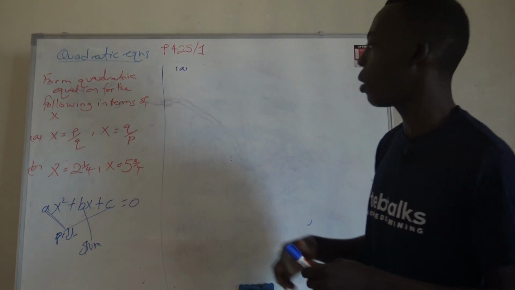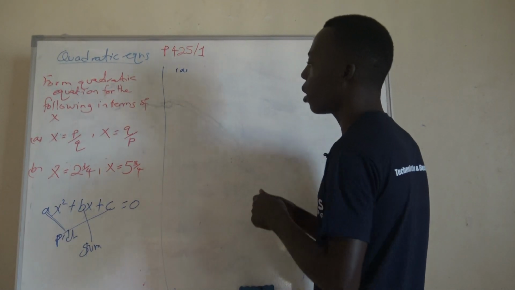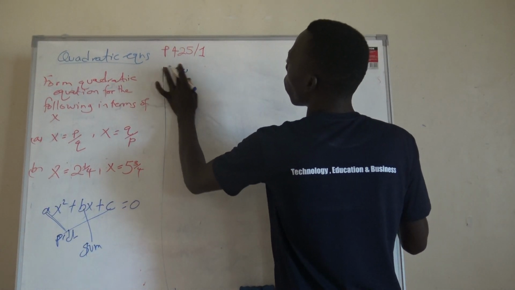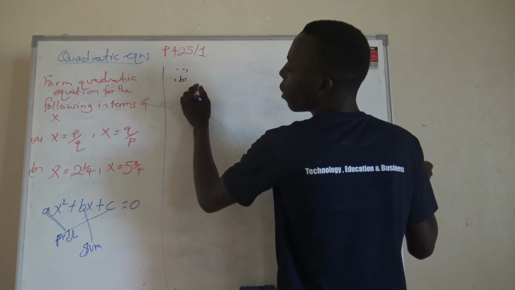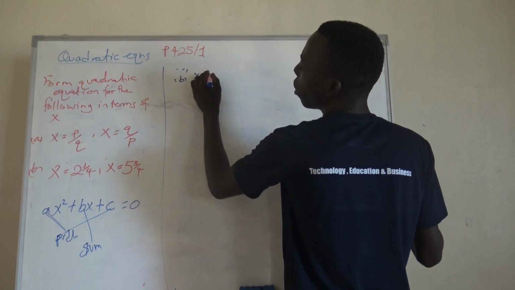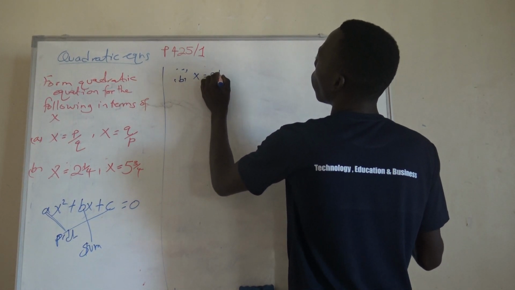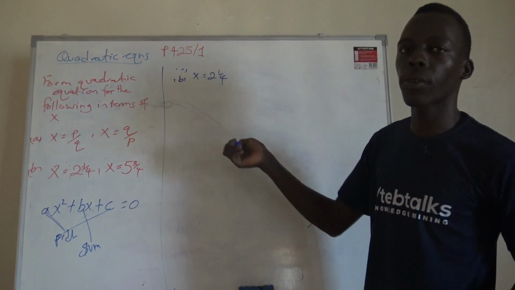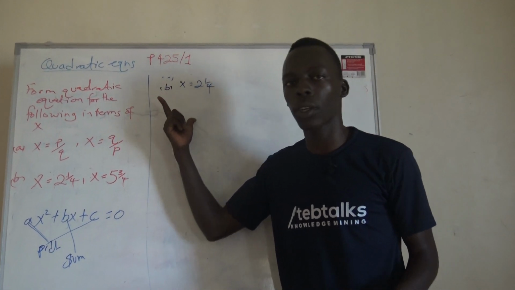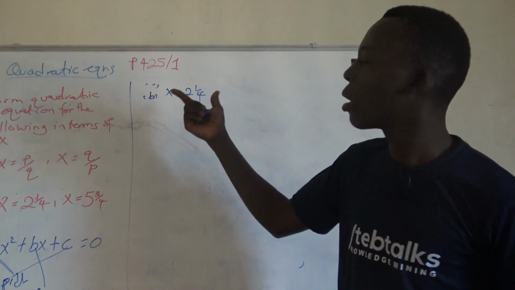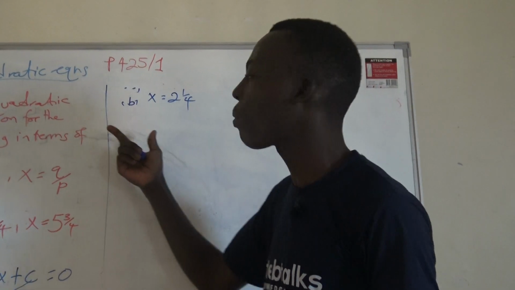So now we are looking at this one. They have said that x equals 2 out of 4, given as a mixed fraction. The first thing you do is change it to an improper fraction.